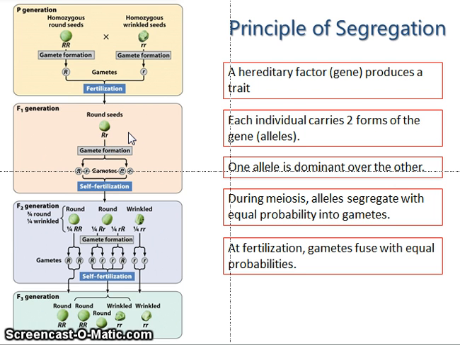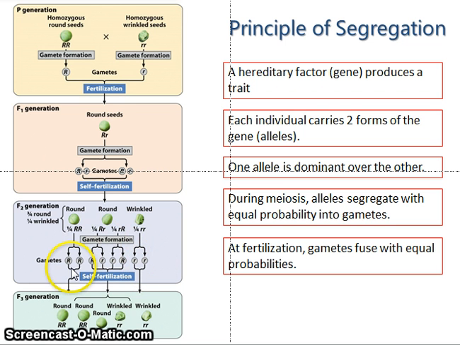During meiosis, alleles segregate with equal probability into gametes. So what this means is that this individual's gametes, seeds and pollen in this case, can contain a big R or a little r with equal probability. And then at fertilization, gametes also fuse with equal probabilities.